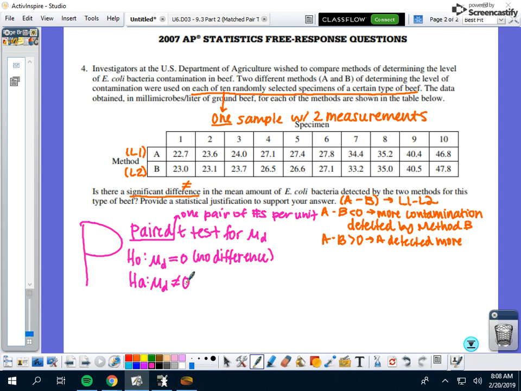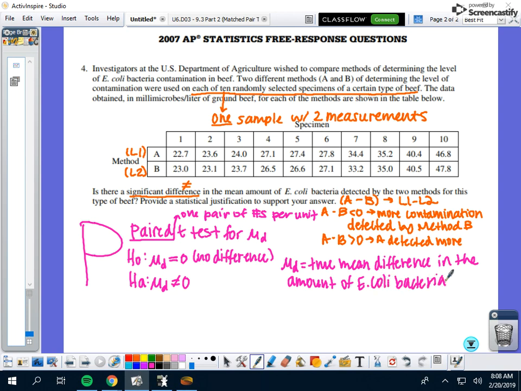We'll define our mean difference as the true mean difference in the amount of E. coli bacteria detected by the two methods for this type of beef.